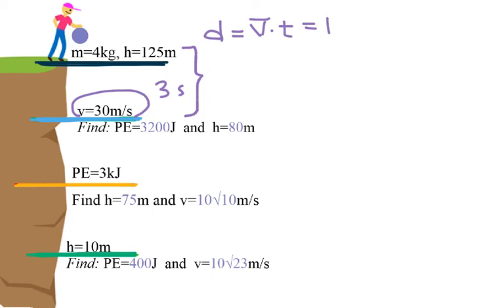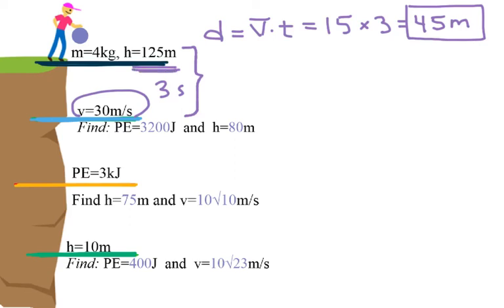So average velocity times 3 gives me 45 meters. An object will fall 45 meters before it reaches 30 meters per second. If it was originally at 125 meters, then minus 45 gives me 80 meters.